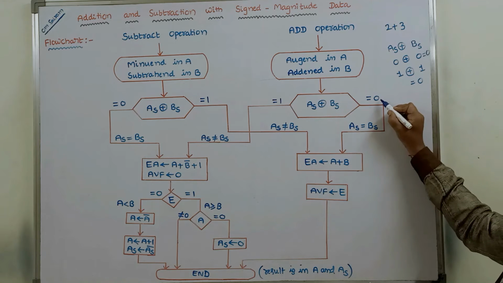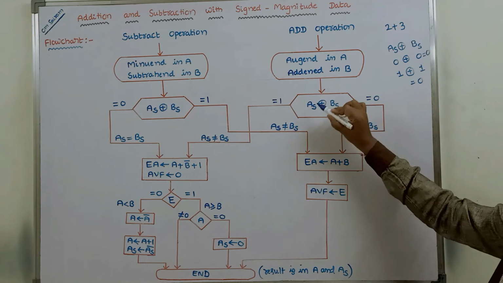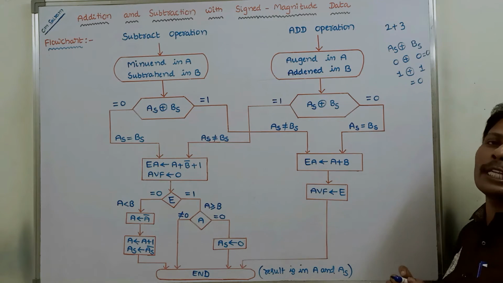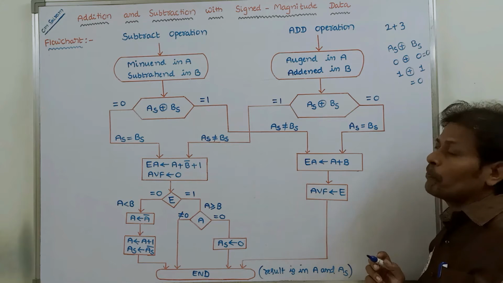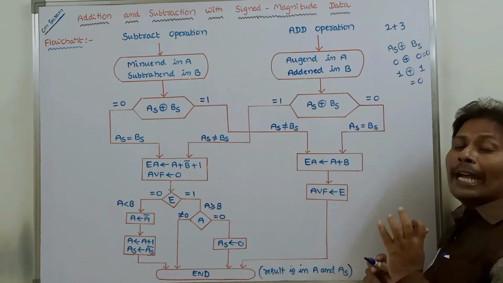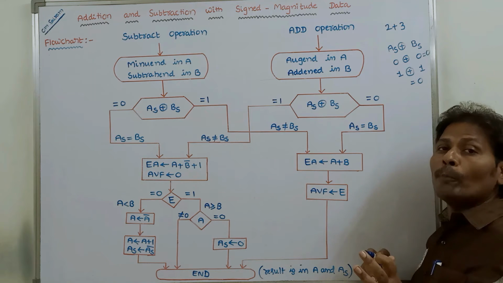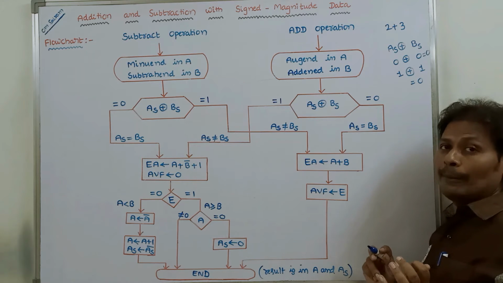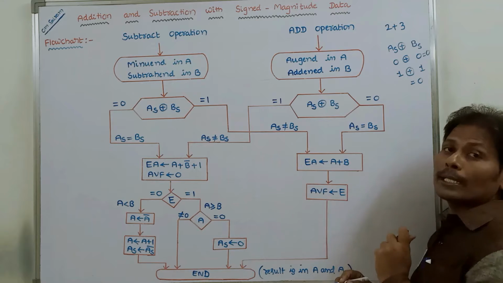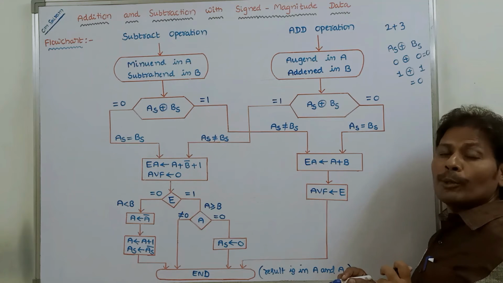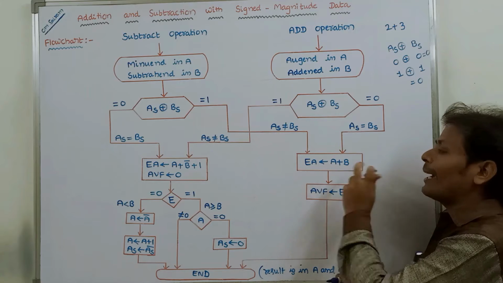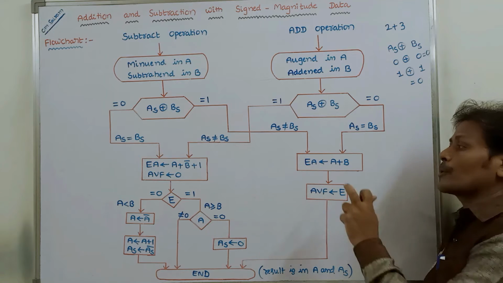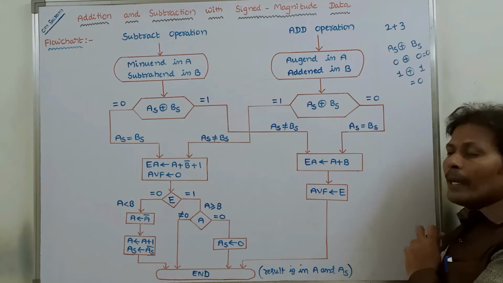Whenever the output of this exclusive OR gate is 0, that means the sign bit of A is equal to the sign bit of B. At that time, we have to perform the addition operation between the magnitudes of A and B. The first number magnitude is A and the second number magnitude is B. Whatever result we get is stored in register A.